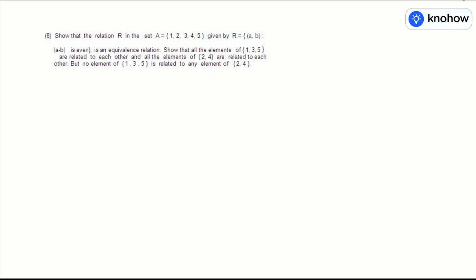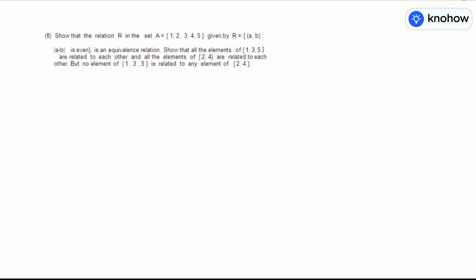Show that the relation R in the set A consisting of numbers {1, 2, 3, 4, 5} given by R = {(a, b) such that |a - b| is even} is an equivalence relation.